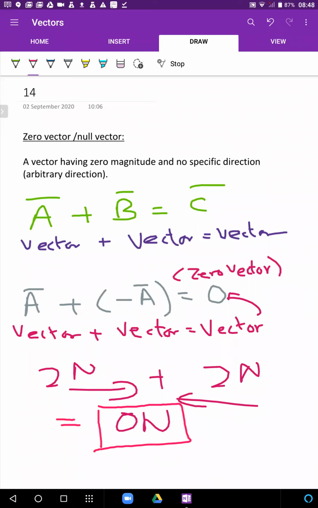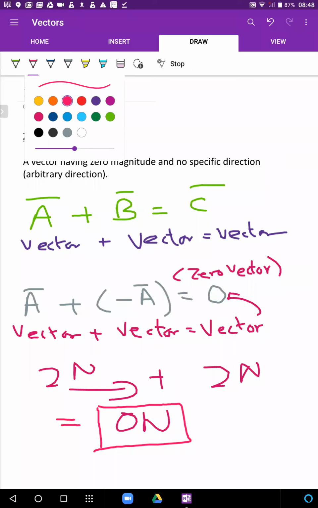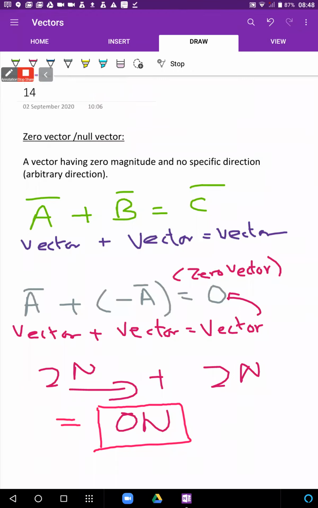Now, can we really talk about the direction of this force? Can we argue that the direction of this 0 Newton is towards the right, or towards the left? Or is it that the direction does not matter at all? It seems like the direction does not matter.